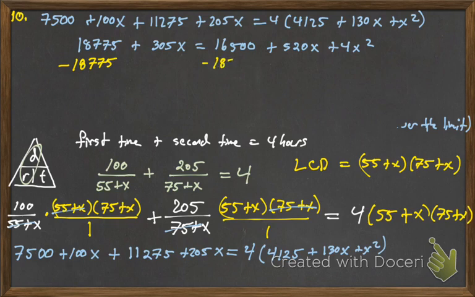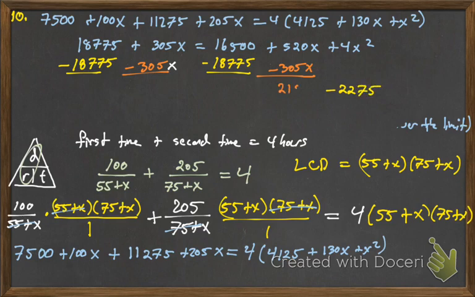So we're going to subtract 18,775 from both sides. Okay. And subtract 305x from both sides. And all I did was write it in descending order there.